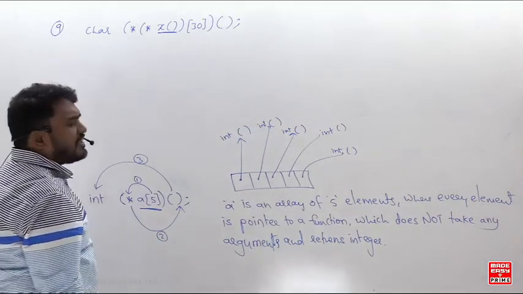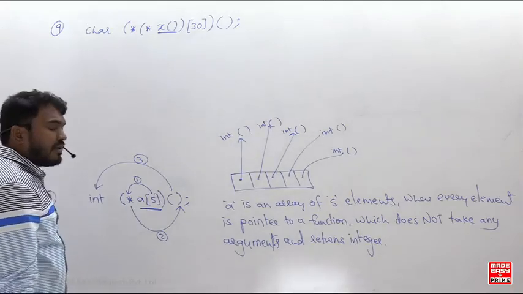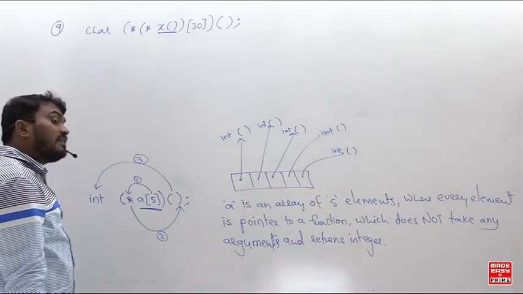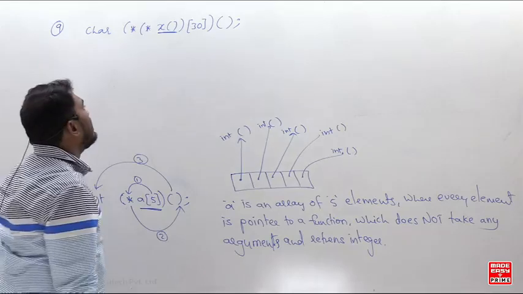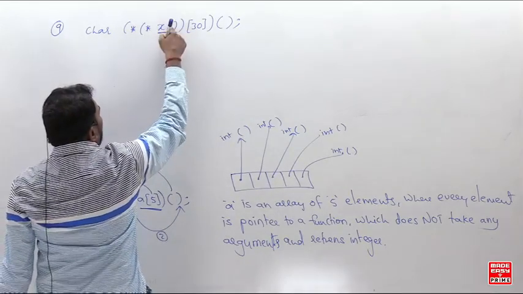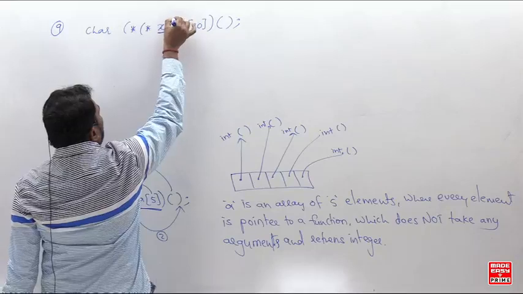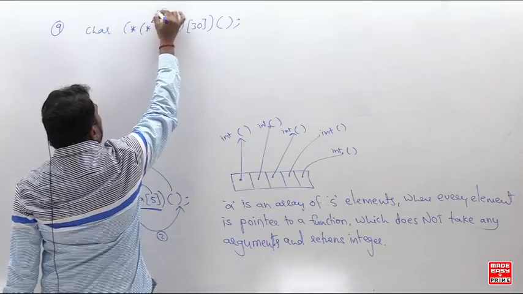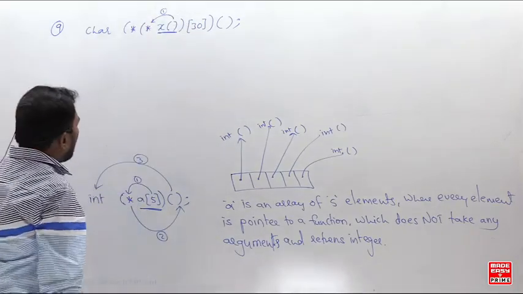When you say it's a function, is it taking an argument? No, it is not taking any arguments. When you say function, is it returning anything? Yes, it is returning a pointer.